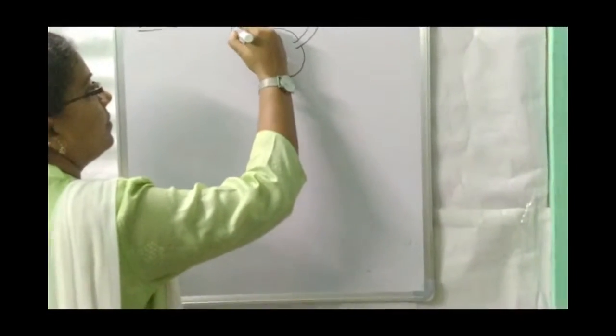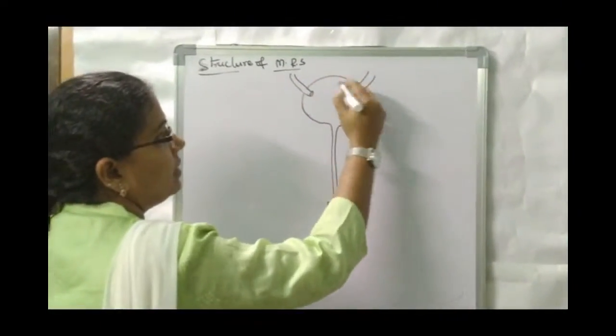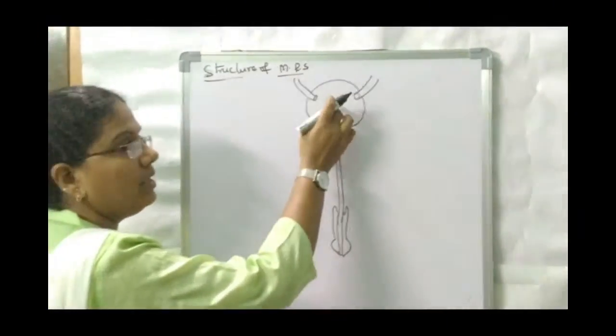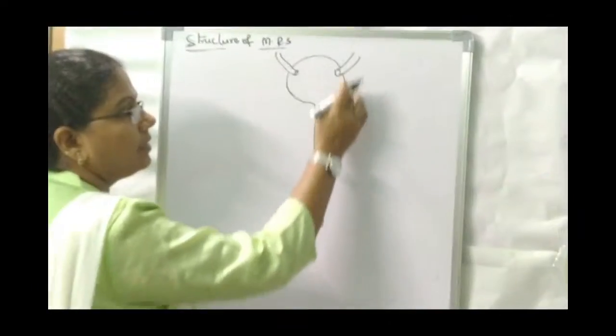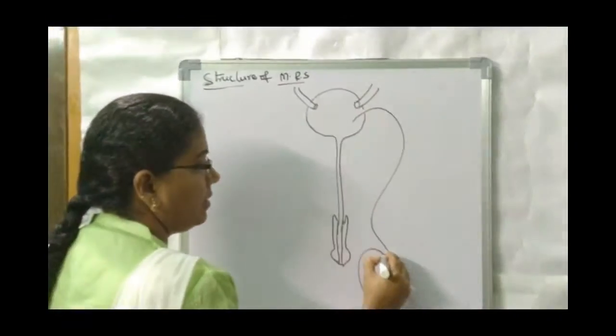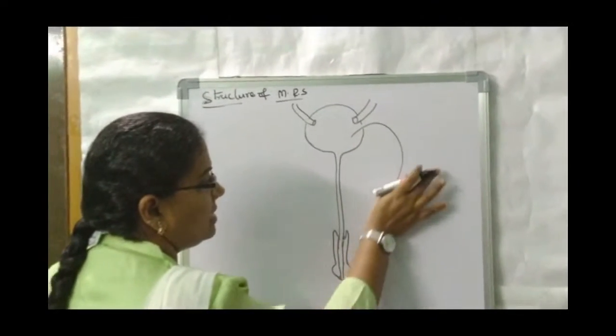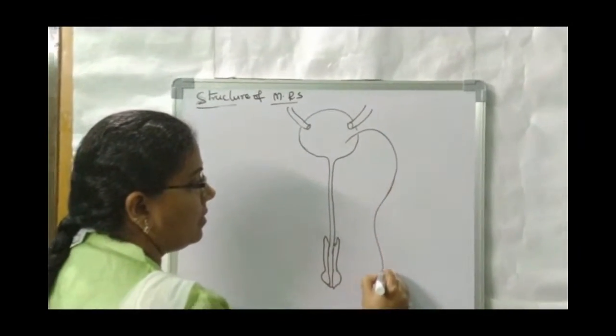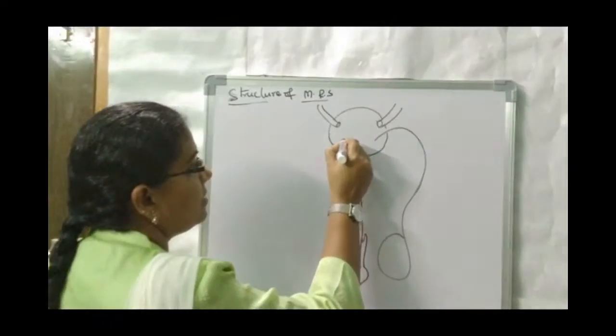Ureters. These are two ureters to collect the urine. Urinary bladder. And here it has testis.